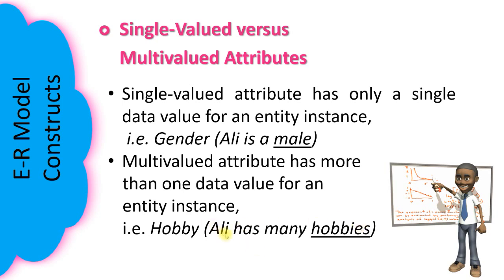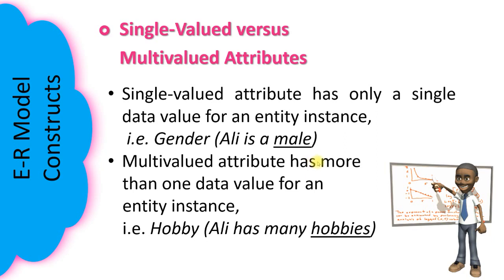Because as a person, or even Ali as a teacher, may have many hobbies. So it means that hobby is an example of a multi-valued attribute. An instance, such as Ali, may have multiple hobbies.